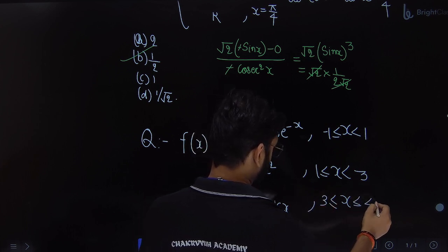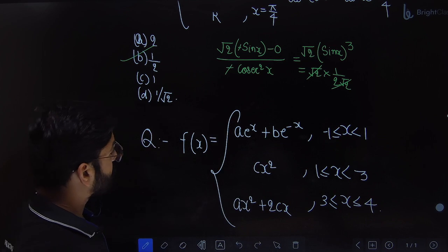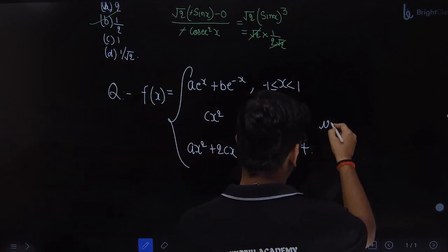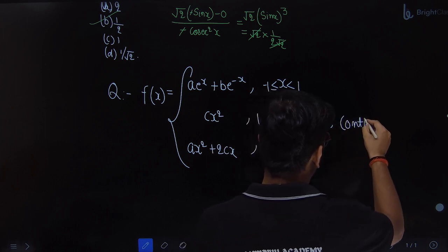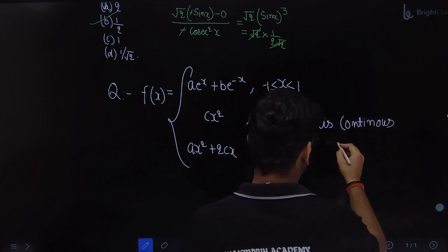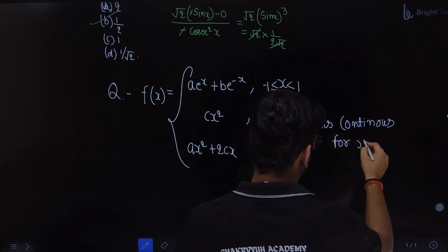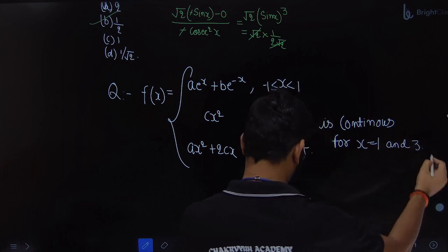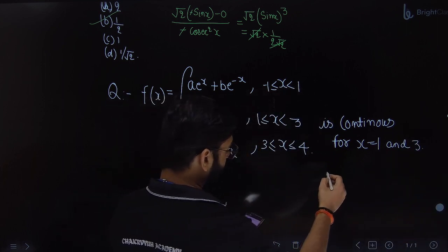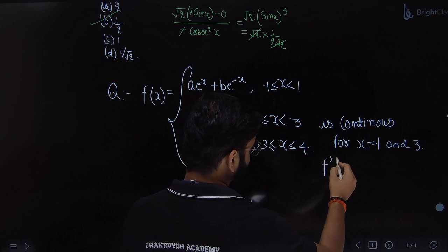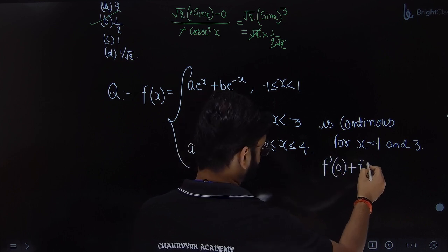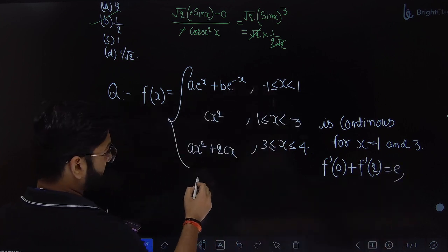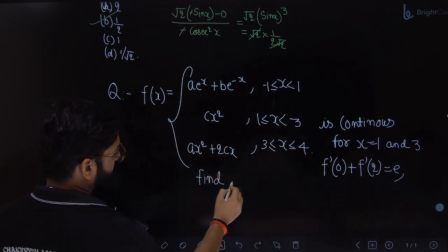So the question says that this function is continuous for x equal to 1 and 3. One more condition is given: f dash 0 plus f dash 2 is equal to e. Find a.